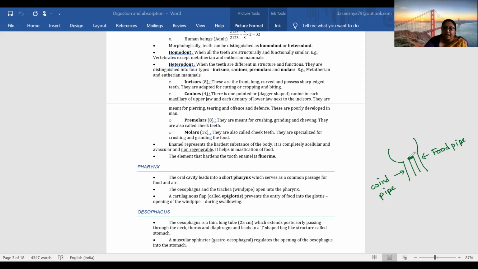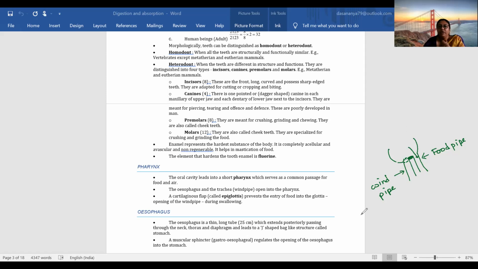Epiglottis is a flap which is covering the windpipe whenever we are taking the food. So food can directly go to the food pipe, not to the windpipe. Okay, so when I am chewing, it will not do it.